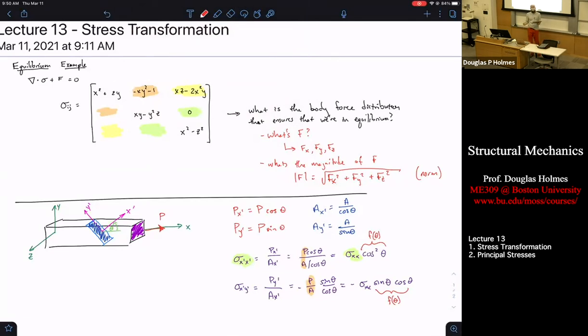This should be familiar. We did this in mechanics of materials. I think there's a cleaner way to do it than we do it in mechanics of materials. I've never been satisfied by the whole Mohr's circle approach to these things.